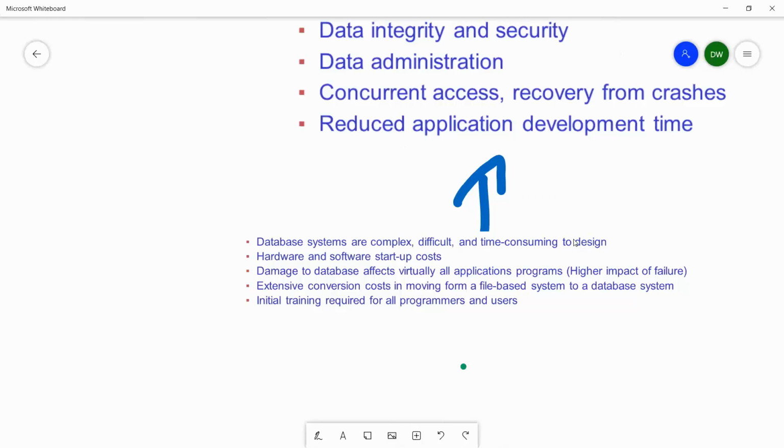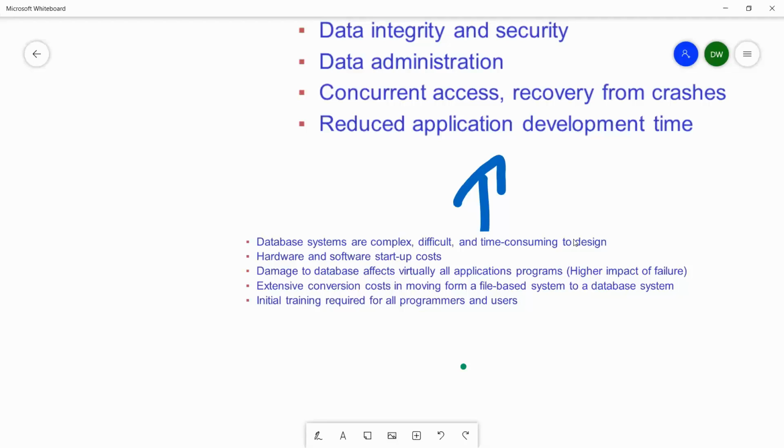Maintaining and creating a manual file is easier, and you will have to buy the software, and you will need a computer to store this database management system. Therefore, you will need additional startup cost to have a database management system.